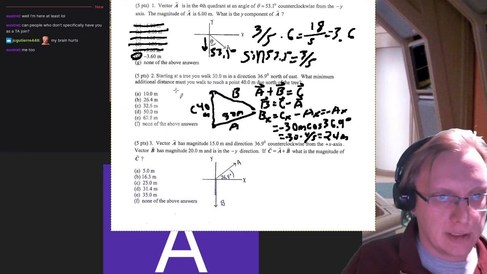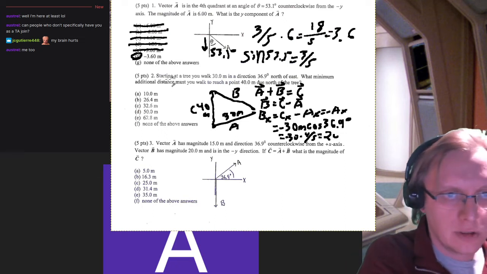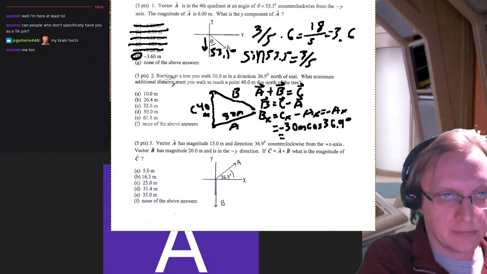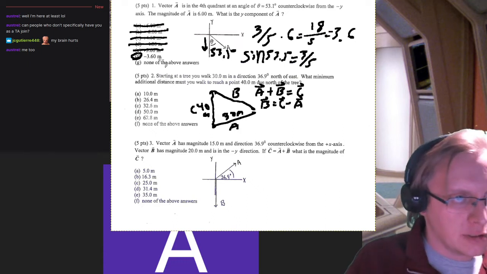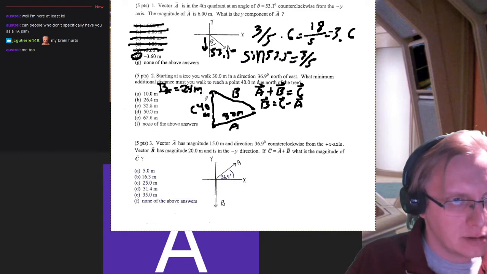24 meters going that way. We need to store that somewhere so we can do the y direction. So Bx is equal to 24 meters.